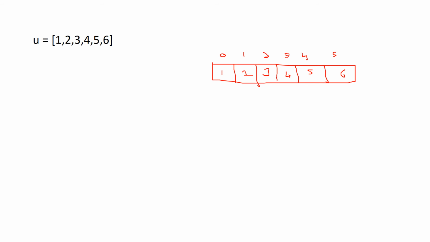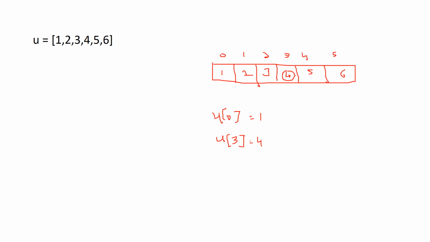So how do you call, for example, if you want to call the first point, 1, then I can write u[0], and if I print, I'll get the value as 1. Suppose I want to print 4, then u[3], it will be 4. So this will be helpful in the next step.